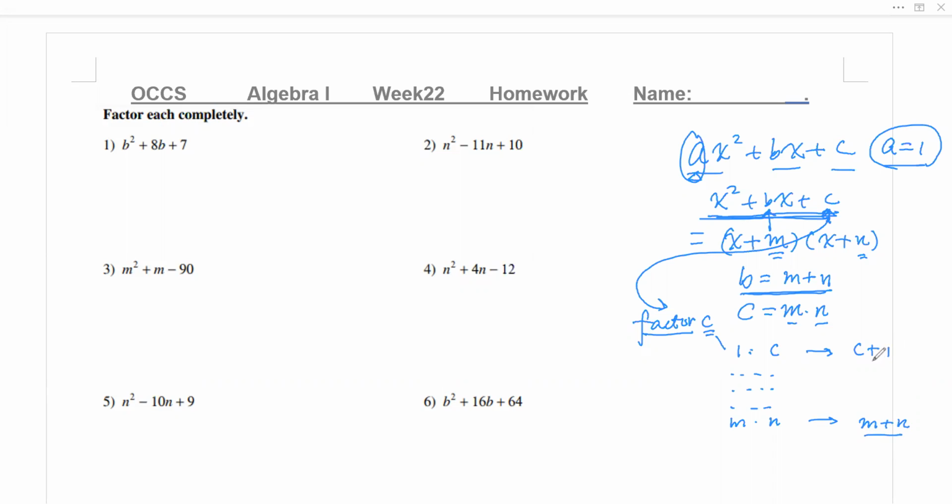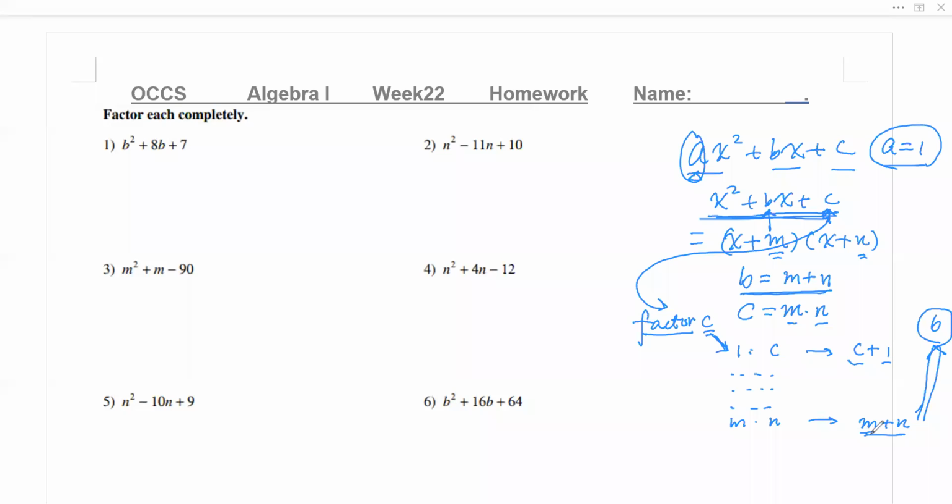We try to find the sum of these factors. We factor c into many pairs and find the sum of these factors that exactly matches b. When it matches b, we need that pair.